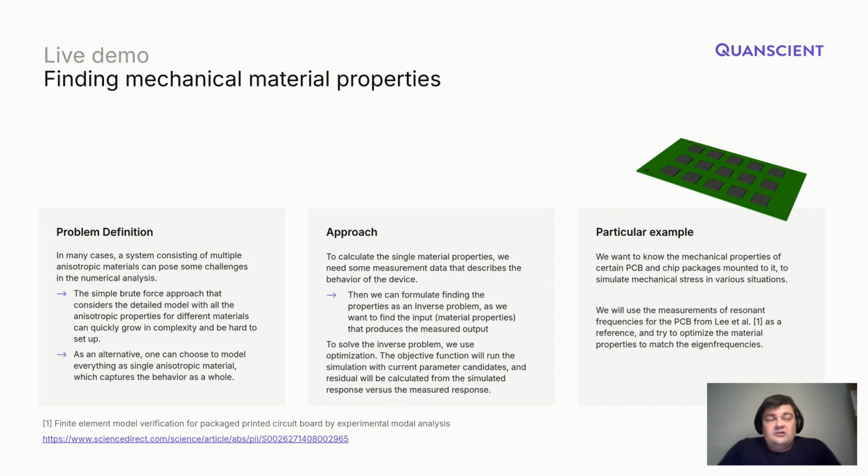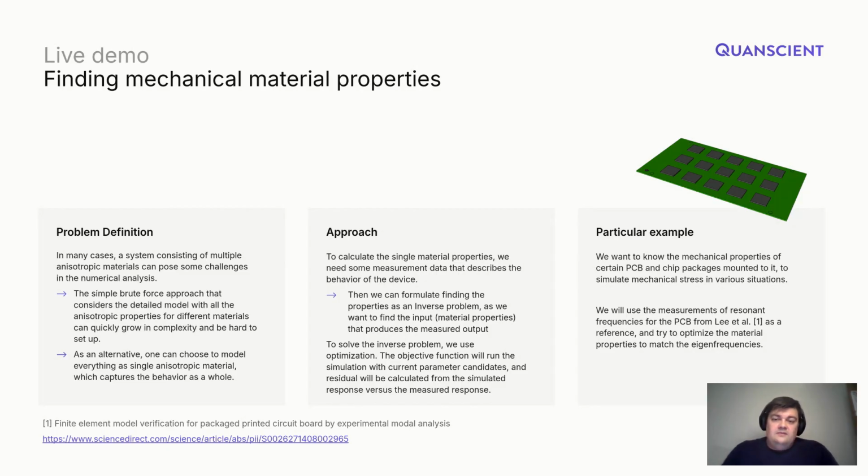Especially if you have anisotropic materials, it can get very complex very quickly if you try to model every little detail of your design. So what you can do instead is use this kind of lumped approach where you reduce the complexity and find material parameters together for these designs.